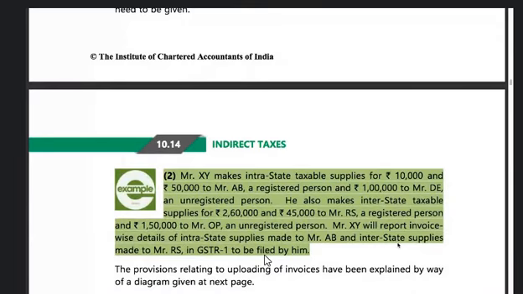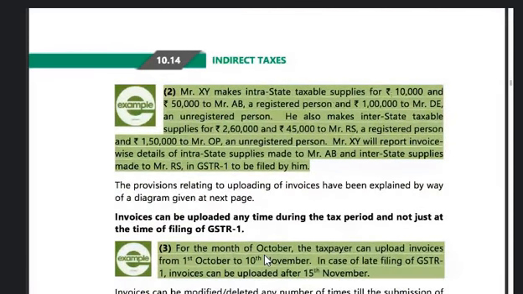Mr. XY makes intrastate taxable supplies of rupees 10,000 and 50,000 to Mr. AB, a registered person, and 1 lakh to Mr. DE, an unregistered person. He also makes interstate taxable supplies of 2,60,000 and 45,000 to RS, a registered person, and 1,50,000 to OP, an unregistered person. In GSTR1, Mr. XY will report invoice-wise details of the intrastate supply made to AB and the interstate supply made to RS.